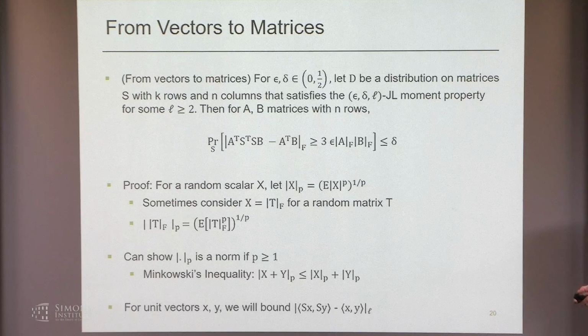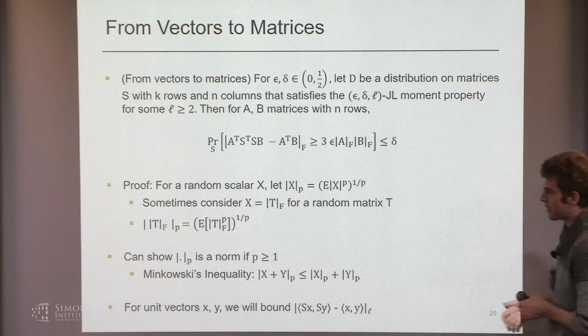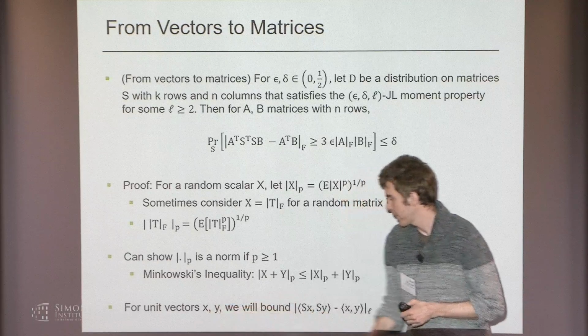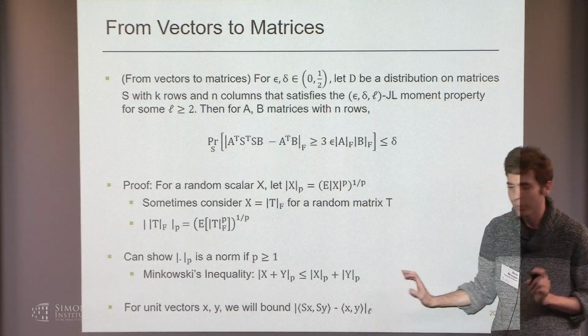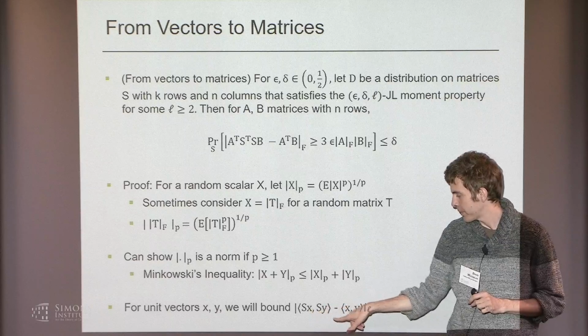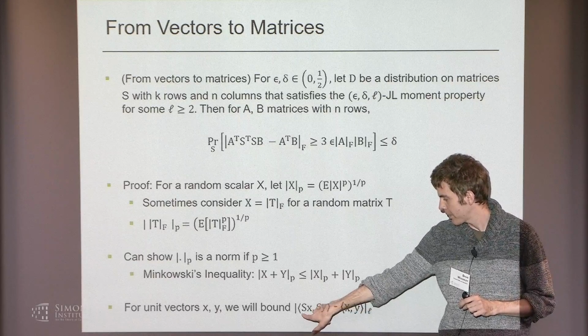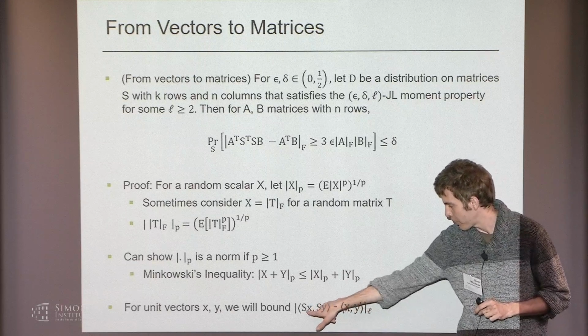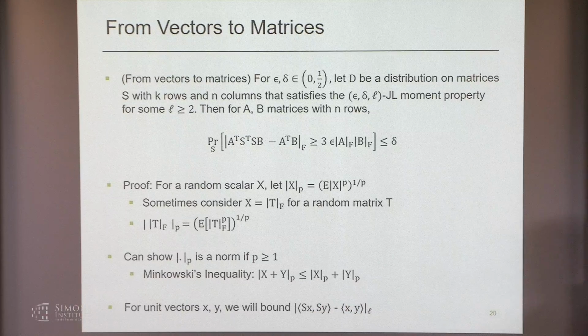All right, so let's look at unit vectors x and y, and let's bound the L norm of the difference between the inner product of the sketches, Sx and Sy, and the actual inner product of x and y. This will be a useful primitive to have.